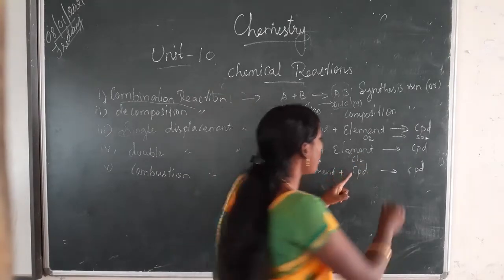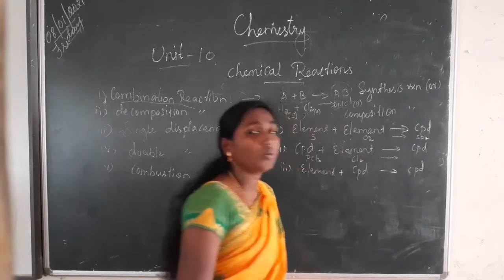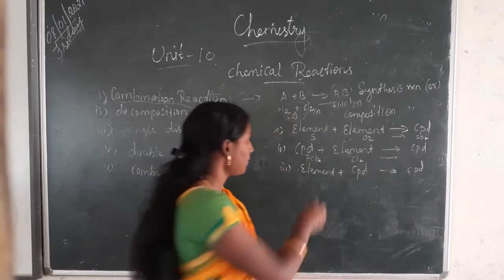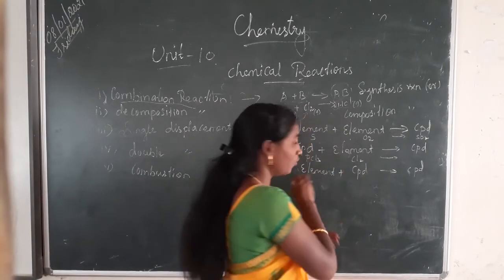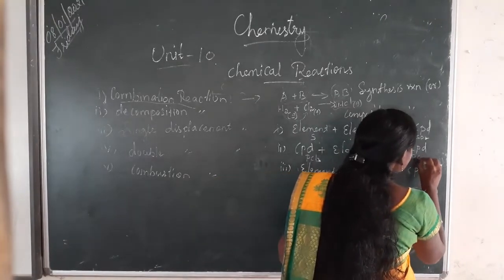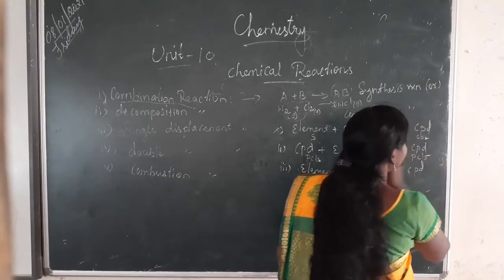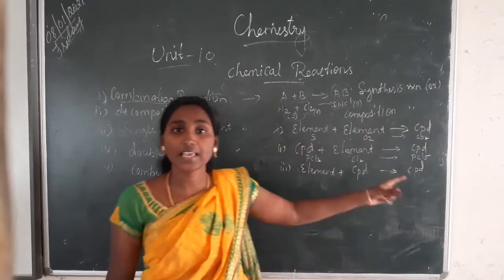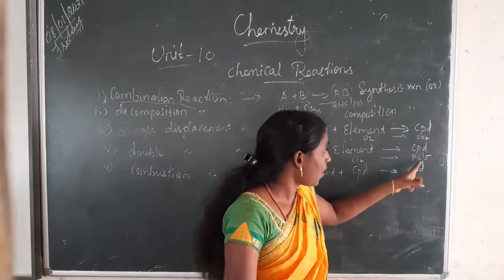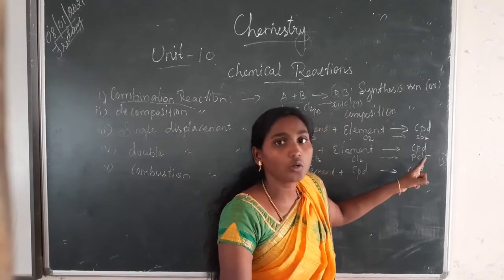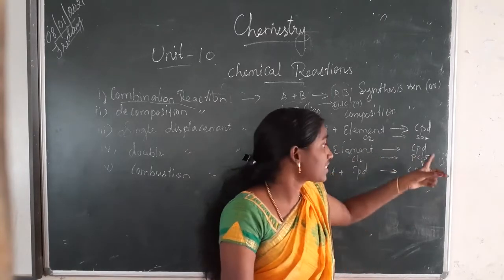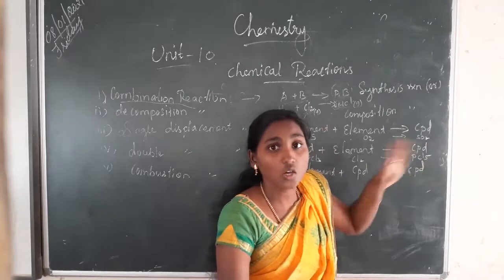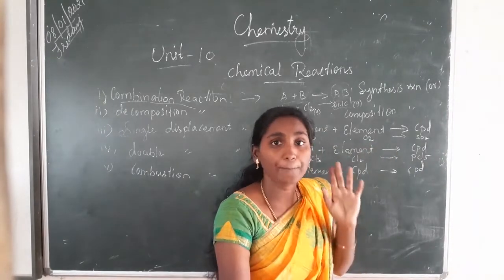Can you say what product we will get? PCl3 plus Cl2 will give PCl5. Can you say this name? Phosphorus pentachloride. In the previous lesson we studied these number names, right? 5 means we should say penta.